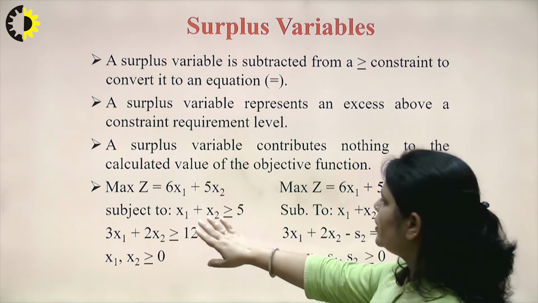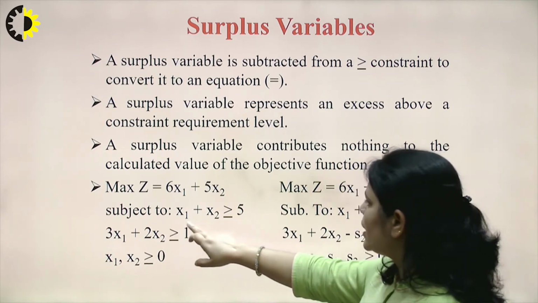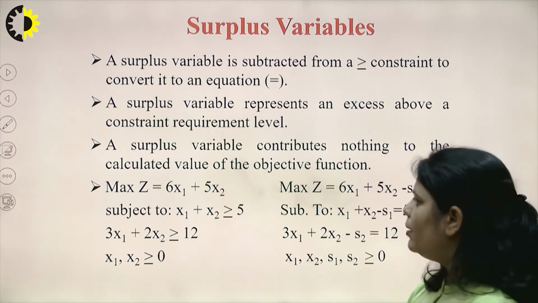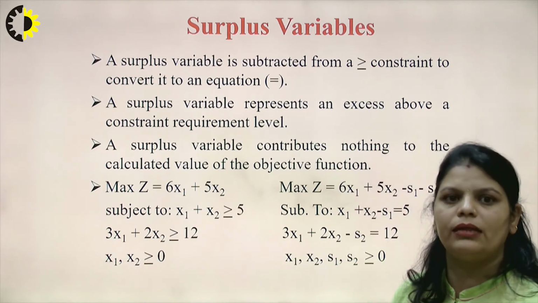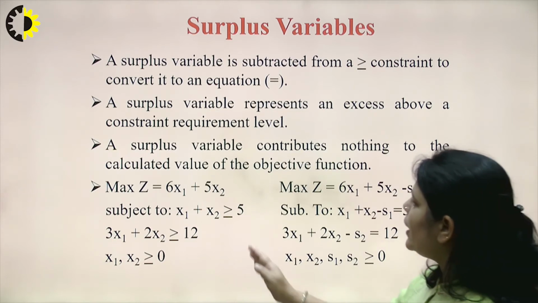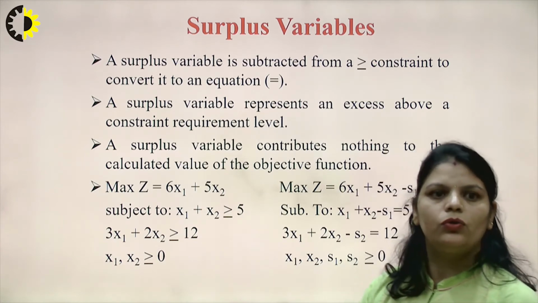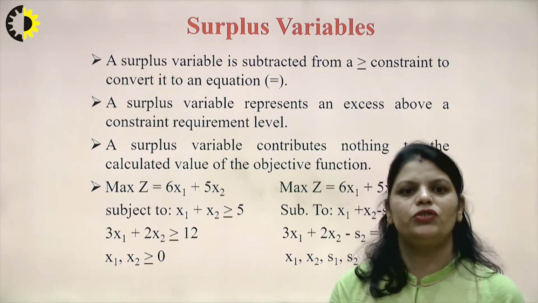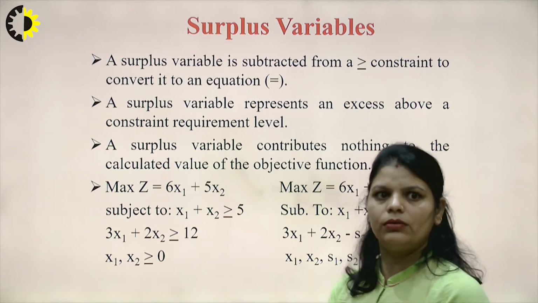For example, we can see here that this is the inequality constraint, x1 plus x2 greater than equal to 5. Okay, it shows that the left hand side is in excess of the required level. So what we will do here, we will subtract some value from the left hand side to convert it into the equation, and the variable which we are subtracting is known as the surplus variable. Clear?